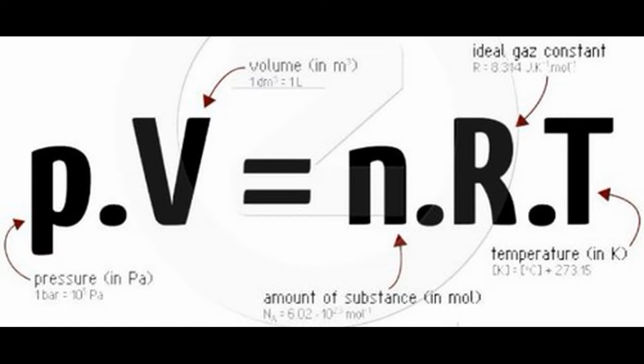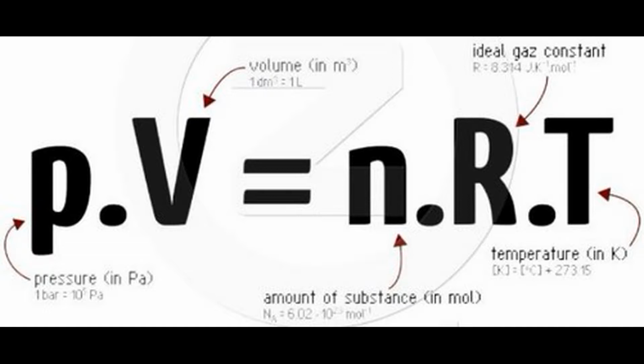that PV equals nRT, where P is the pressure in atmospheres, V is the volume in liters, n is the number of moles of gas, R is the gas constant in liters times atmospheres divided by mole times Kelvin.